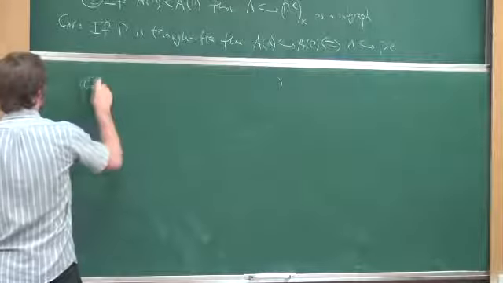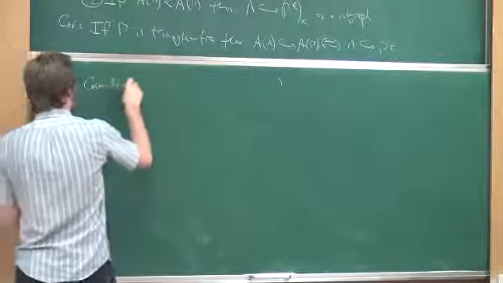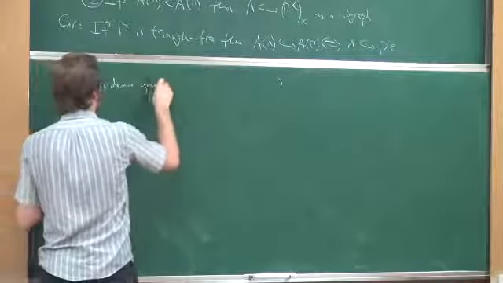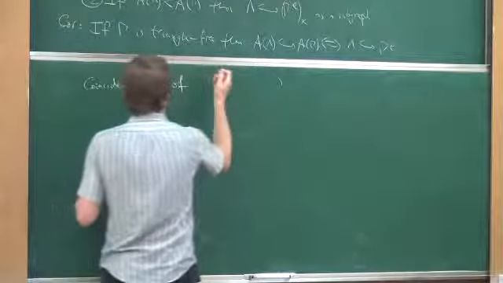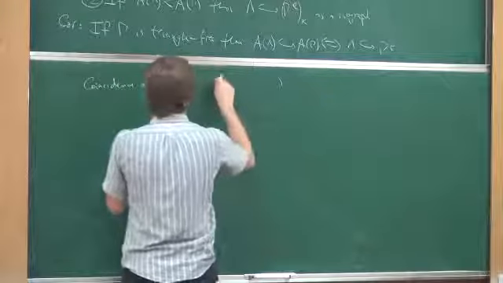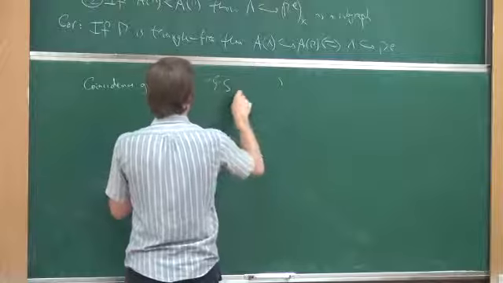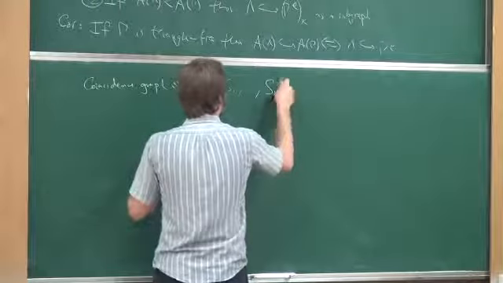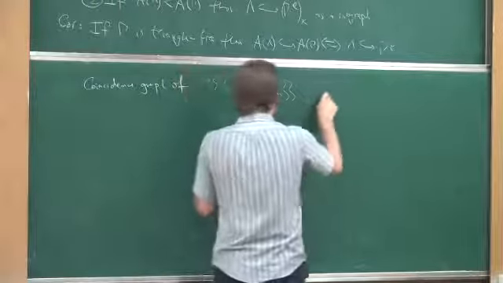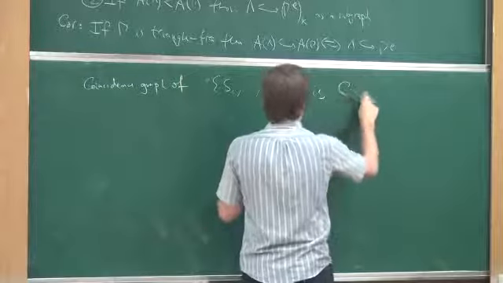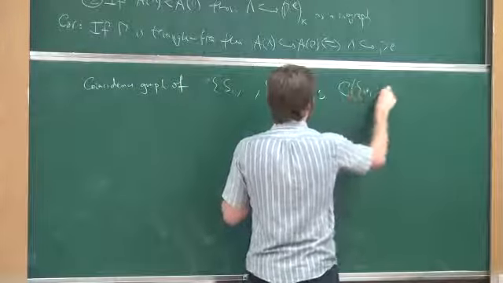And now observe that the coincidence graph of the subsurfaces that I've produced for my words W1 to Wm, S1 to Sm, is the commutation graph of the words W1 to Wm.